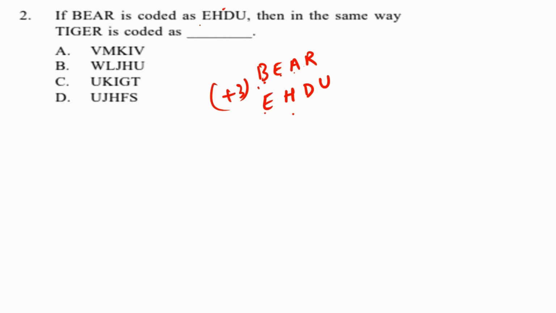After A: B, C, D, again the third alphabet. After U, same. So we need to do this for our next word, which is TIGER, adding 3. If we add 3 to T, it's U, V, W. Do we have any options starting with W? Yes, over here. Any more? No. So I think we have already found our answer. That's option B.